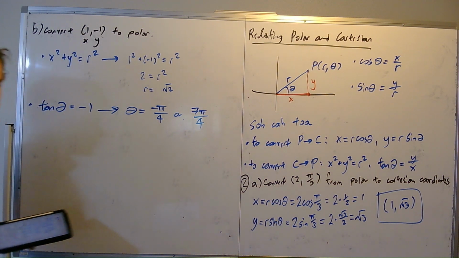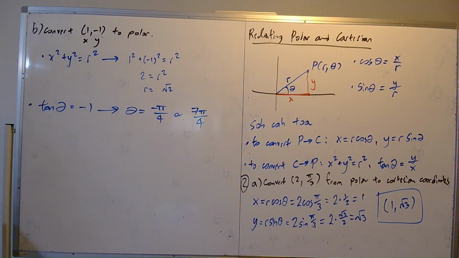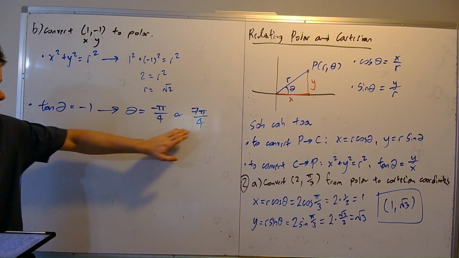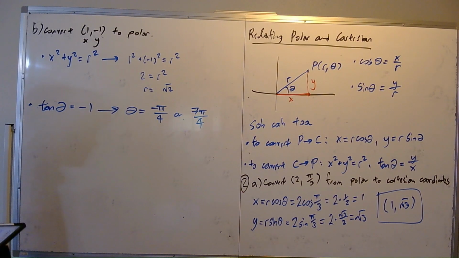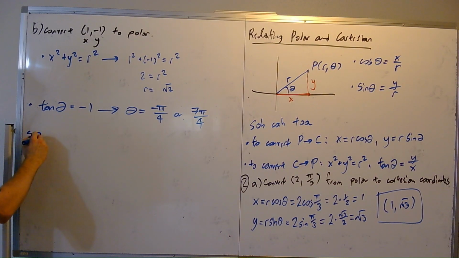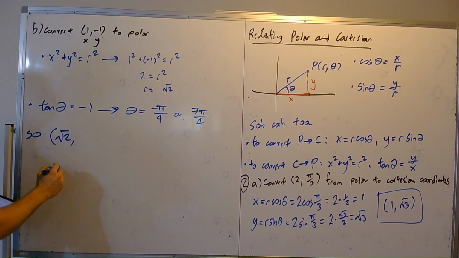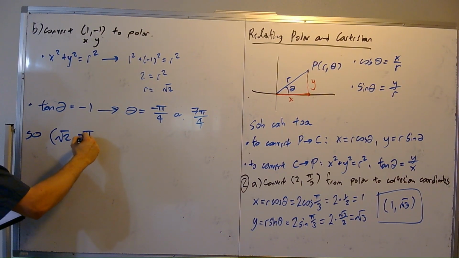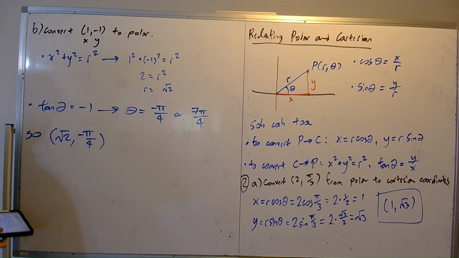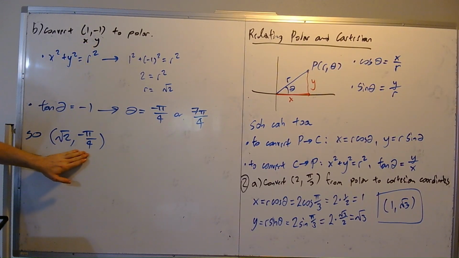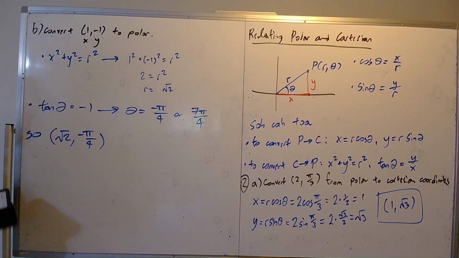Notice both of those two angles get you to the same place, because if you add 2 pi to this, you get to this, but either one gives you the same answer. So our answer is root 2 comma negative pi over 4. So if we convert our point into polar coordinates, this is our answer.